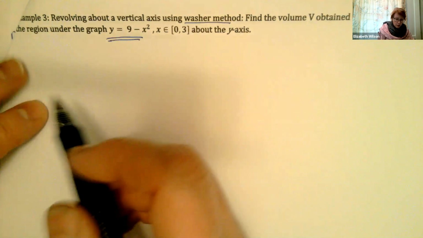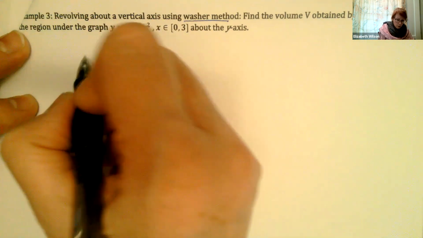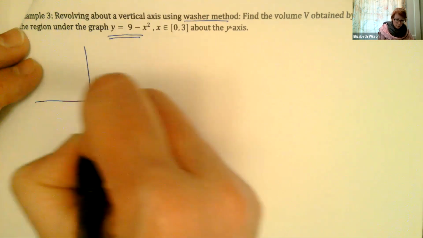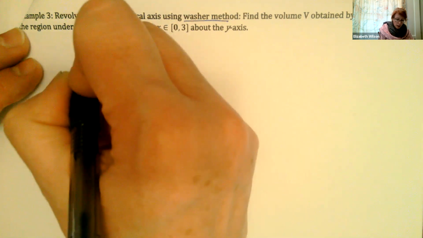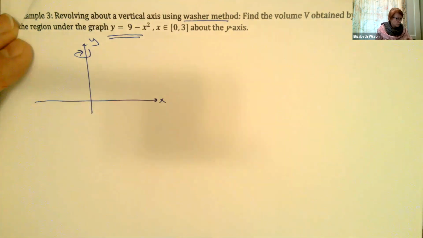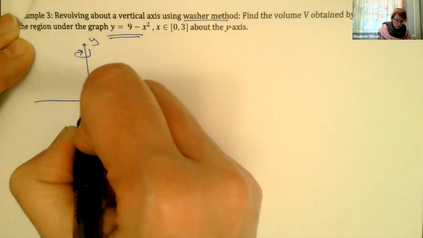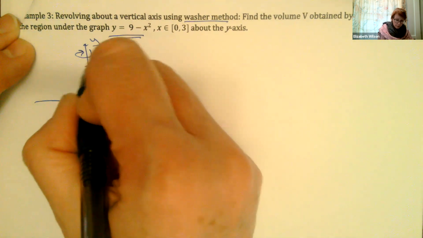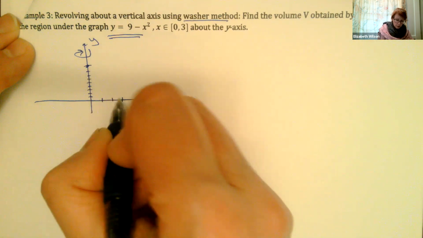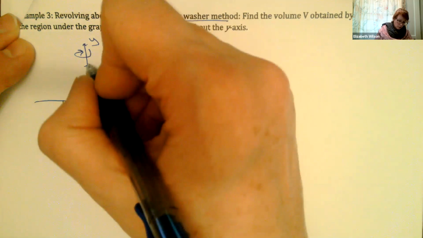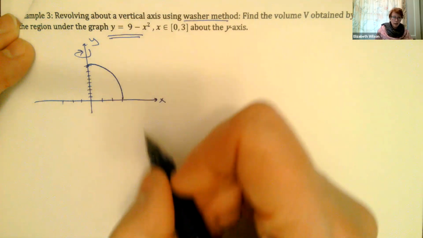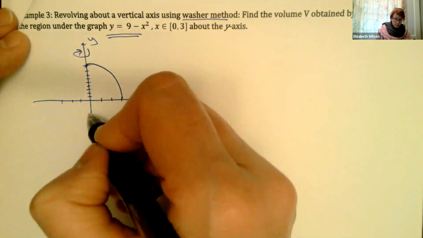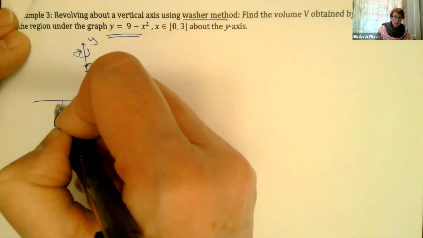All right, let's draw this out so you can see what I'm talking about. Now we're going around the y-axis. So I'm going to draw that. I've got 1, 2, 3, 4, 5, 6, 7, 8, 9, and 1, 2, 3, minus 3. So here's my function, 9 minus x squared. I'm going to take this and go around my y-axis.